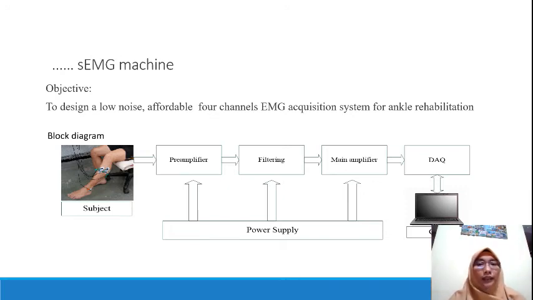The EMG data acquisition system consists of 5 main blocks: surface EMG electrodes, preamplifiers, filters, amplifiers, and a data acquisition card for analog to digital conversion. The graphical user interface program known as LabVIEW was employed for displaying and storing the acquired signal.